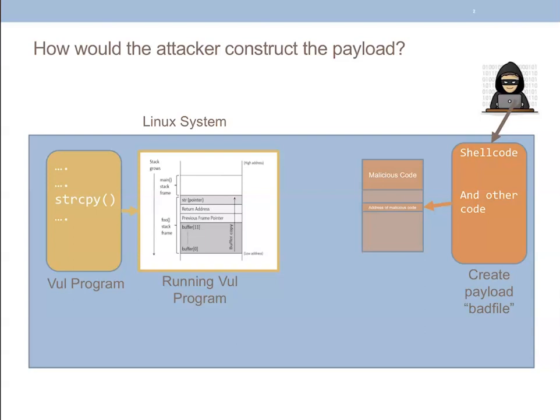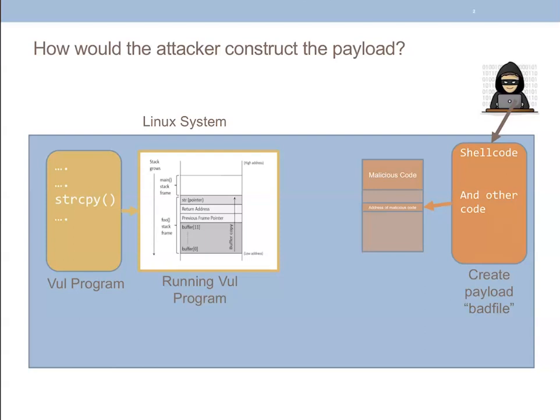And so ideally for the attacker, this vulnerable program would also be a root-owned setuid program. And if they are able to overrun the buffer in a root-owned setuid program and run their own malicious code or injected code, they could launch a root shell.